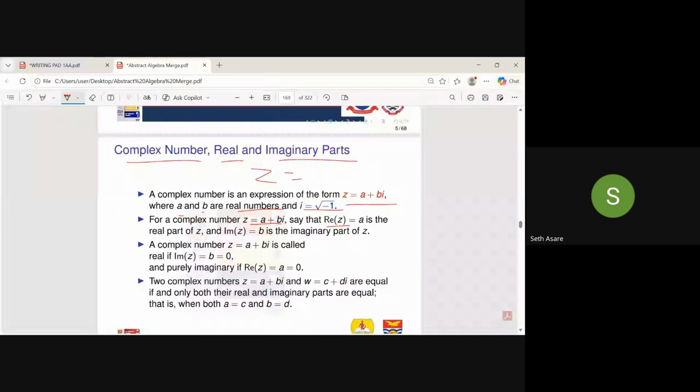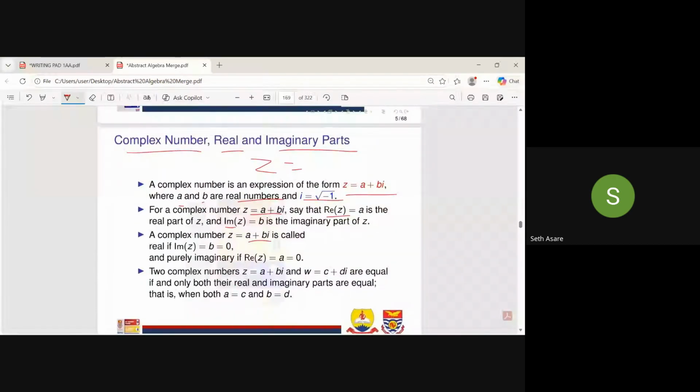Now when you see Im(z) is equal to b, then we are talking about the imaginary part of the complex number. A complex number z is called real if the imaginary part is 0.